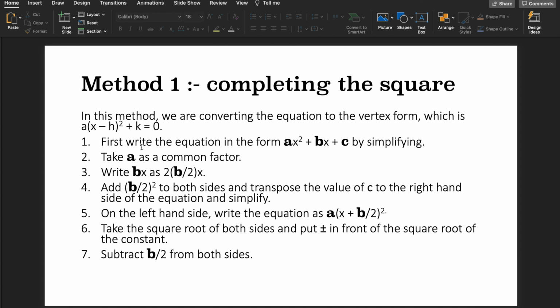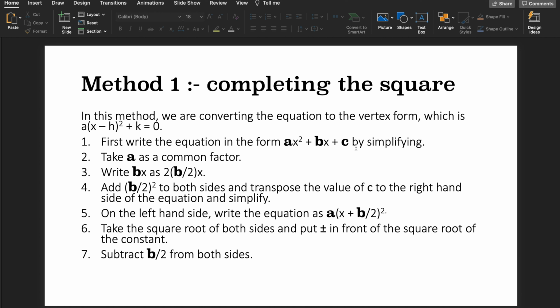First you'll have to simplify the equation as much as possible and write it in the form ax squared plus bx plus c, where a, b, and c are constants and a is not equal to 0. If a was equal to 0, it would just be bx plus c, which is a linear equation. So a must not be equal to 0.